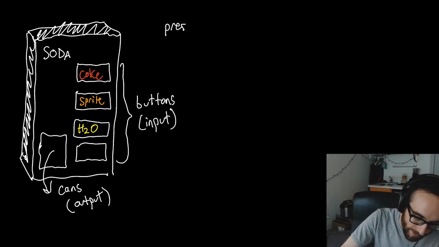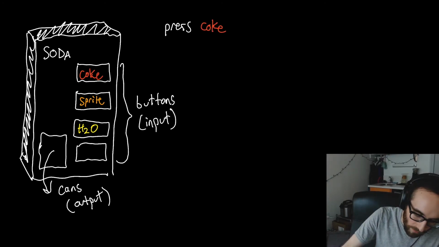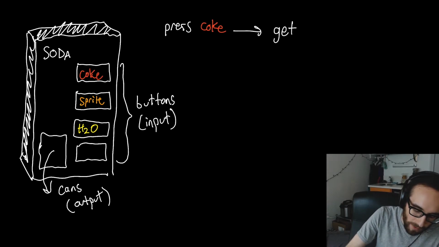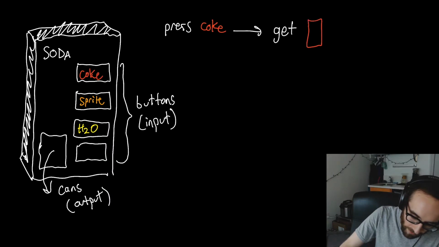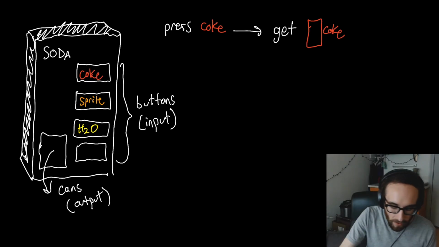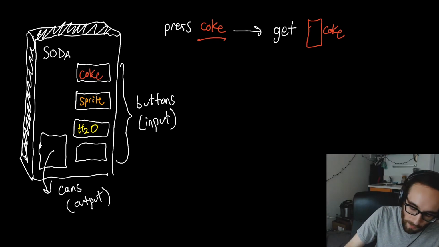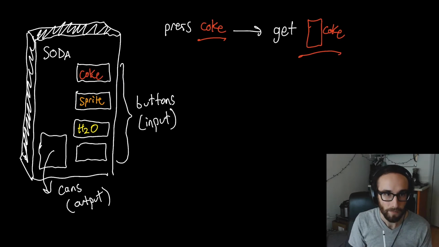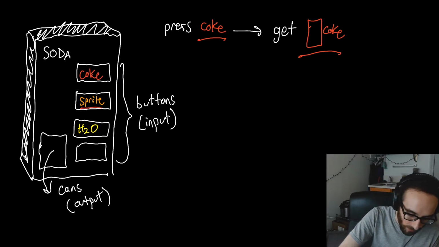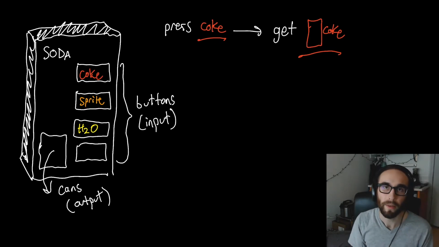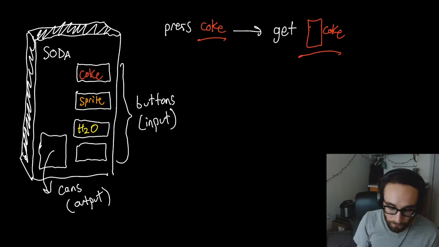If we press the Coke button, then we should get a Coke can as our output, a can that has Coke on it. Every time we press a Coke button, we get a Coke can. Every time we press a Sprite button, we end up with a Sprite can. Every time we press a water button, we end up with a bottle of water.